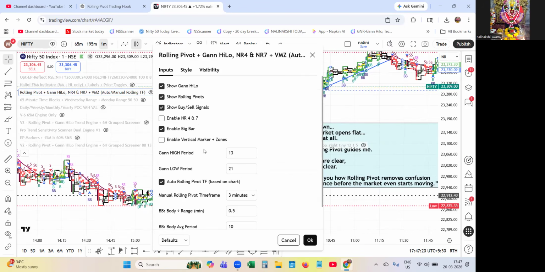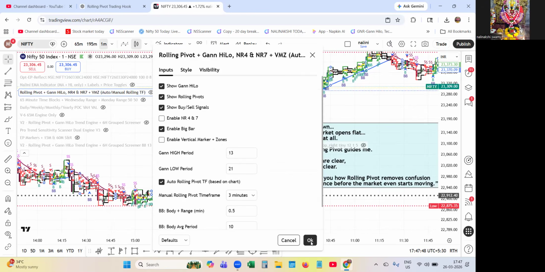Here the hack is the GAN high-low period; the default setting is 1321, and I'm going to retain it. The time frame by default comes as 1 hour. You need to change it to 3 minutes. That is the only thing I've done.